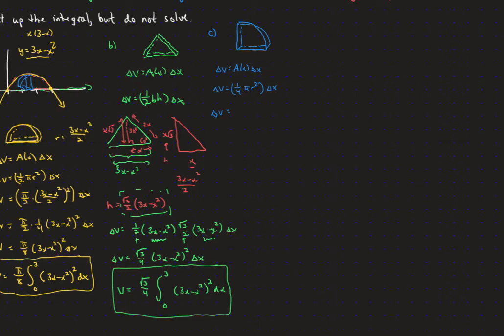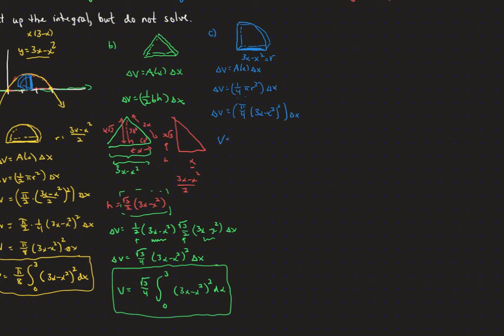Remember, that's this distance right over here. That distance is here. That is our function right there. That is the radius of that circle. And so our delta volume is going to look like, if we put the 1/4 and the pi together, that's pi over 4 times the radius, which is our function, in this case 3x minus x squared, quantity squared, times delta x.